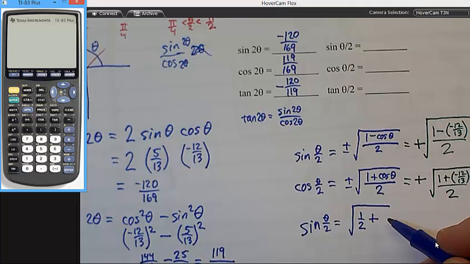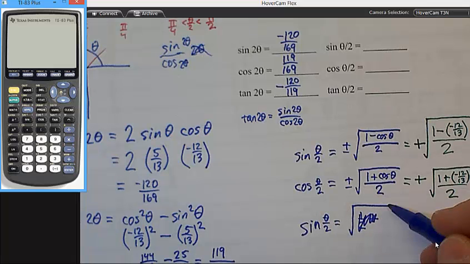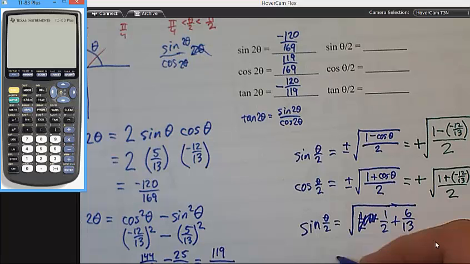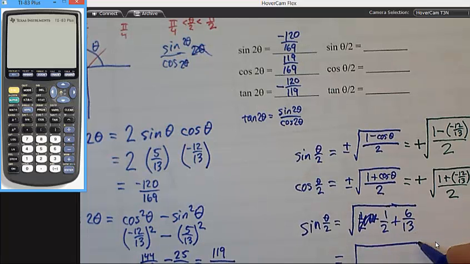Yeah, see, that's not the best way to do this. Well, it's okay. It's 1/2 plus, and then 12 thirteenths divided by 2 would be 6 thirteenths. Yeah, that's ugly. So it's the square root of, this is 13 26ths plus 12 26ths.